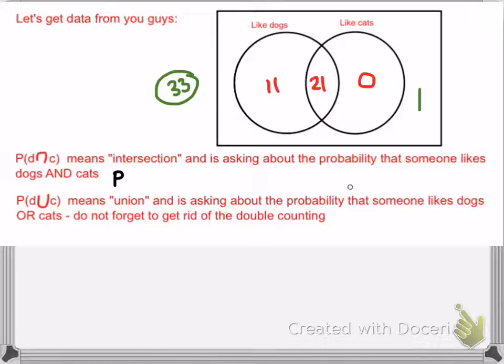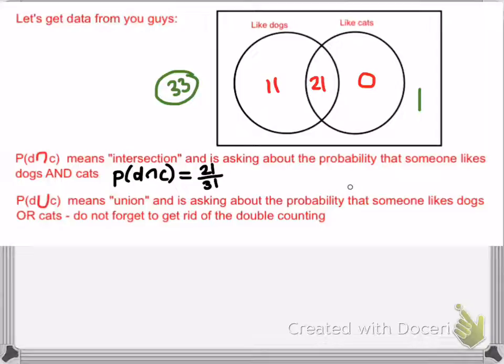So write that definition down, the probability that somebody likes dogs and cats. And I like that its official name is an intersection. Because if you look at this picture, it's truly where your two circles intersect, is the and. Okay? So 21 out of 33 people like dogs and cats. So the probability of dog intersect cat is 21 over 33.